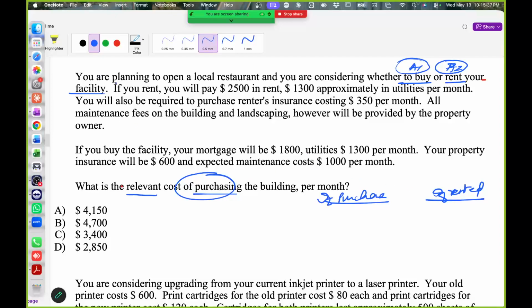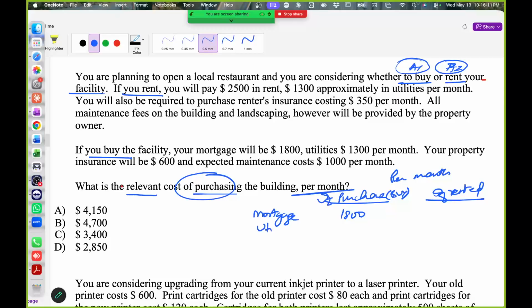If you buy, you're taking a mortgage loan and purchasing the building. Mortgage 1,800 per month, all this per month, they're asking per month.